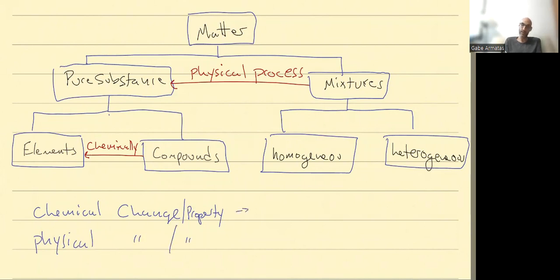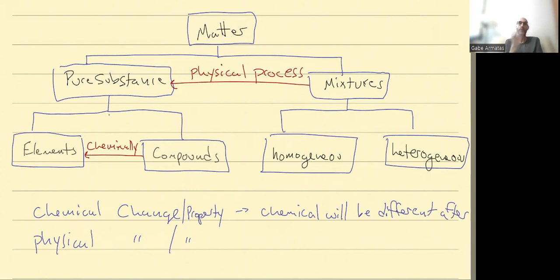Chemical basically means that the chemical, or compound, or actually it can be an element too, will be different after you run a process.